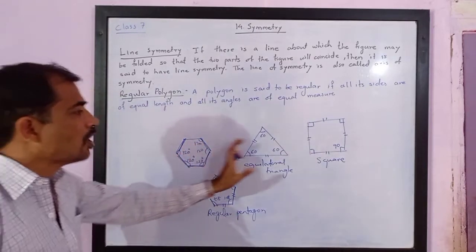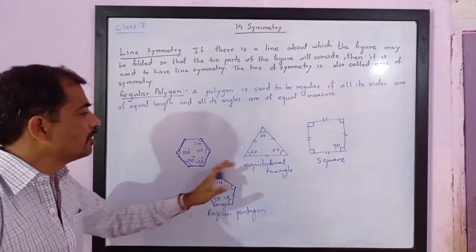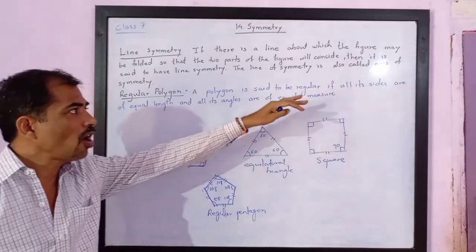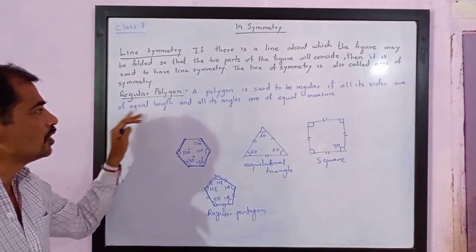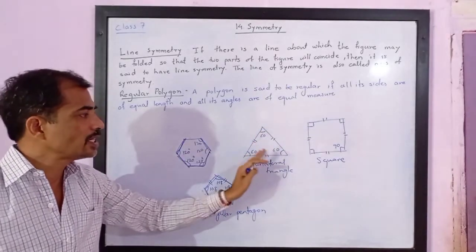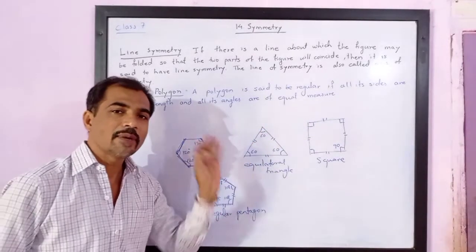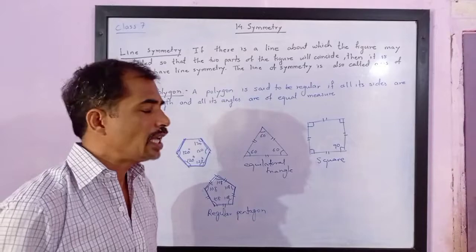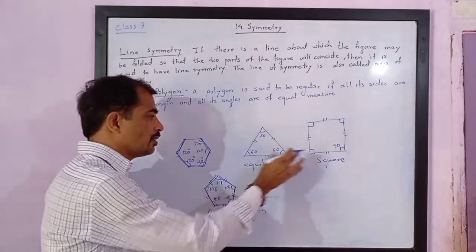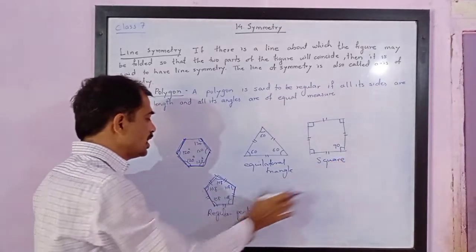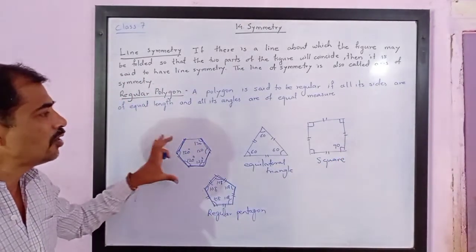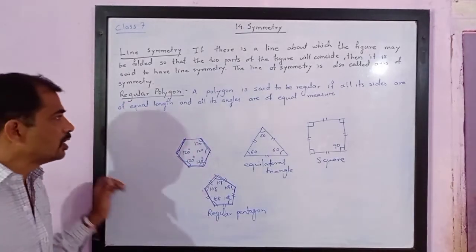So we can call all these figures regular polygons. The definition of a regular polygon is: a polygon is said to be regular if all its sides are of equal length and all its angles are of equal measure. If all angles are equal and all sides are equal, then we call that polygon a regular polygon. The equilateral triangle has the least number of sides, 3, the square 4 sides, the pentagon 5 sides, the hexagon 6 sides.